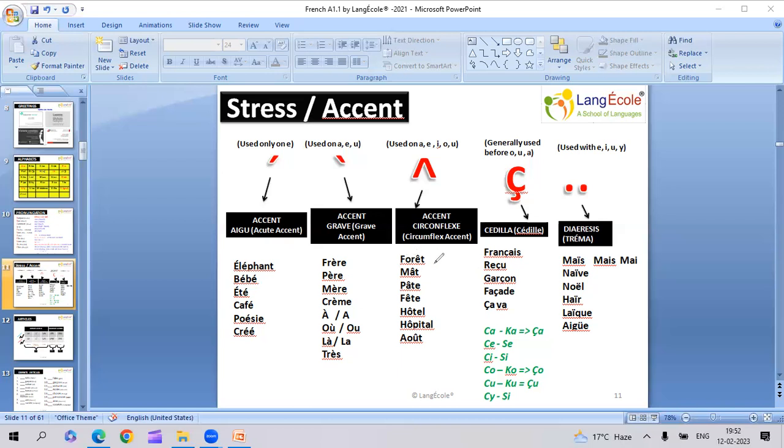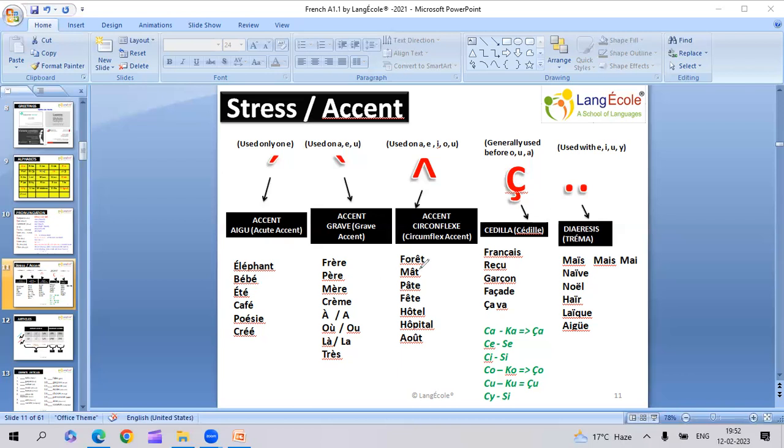Then again, as I told you, this accent is used on all five vowels, except Y. But except for mainly one, where it goes as air, for all other vowels it hardly makes any change in the pronunciation.